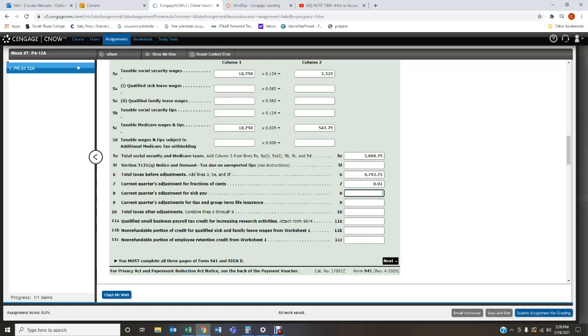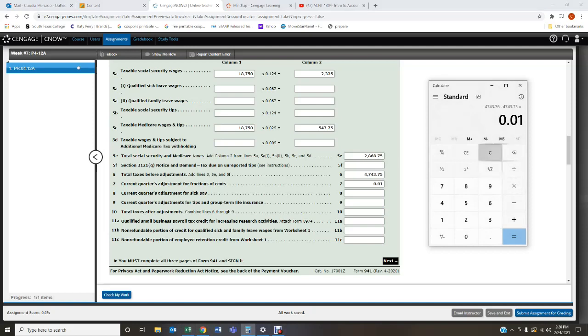Line number 8, adjustments for sick pay. We didn't have anything. Number 9, adjustments for tips and group term life insurance. Does not apply. Line number 10, it says combine lines 6 through 9. So we're going to combine lines 6 through 9, and we only have information on 2 lines. We're going to add those 2. That gives me 4743.76.